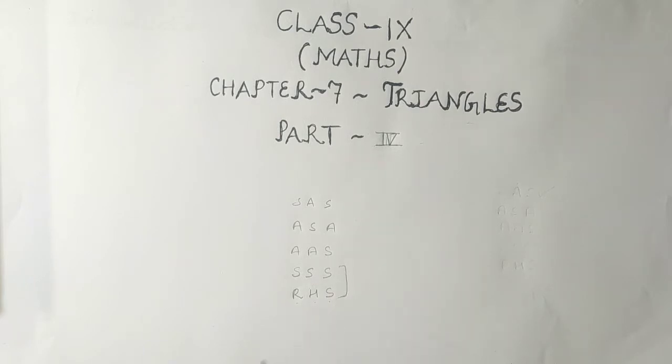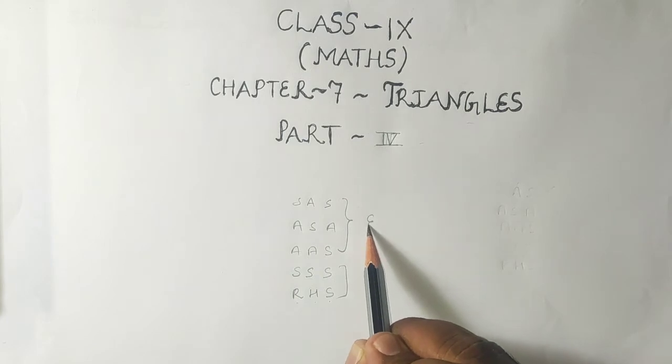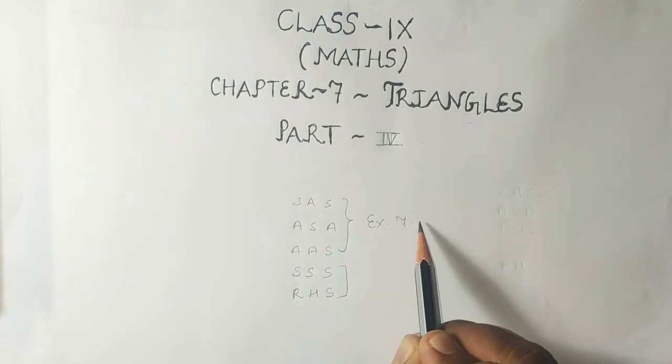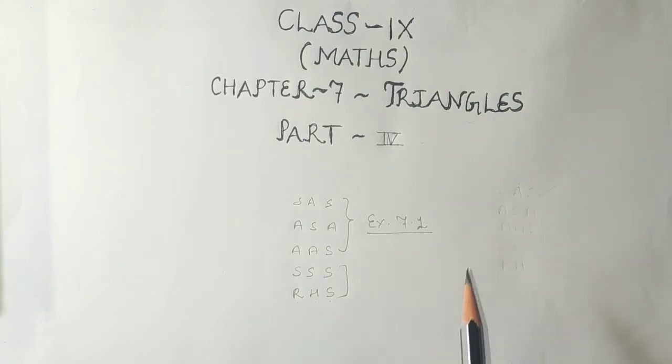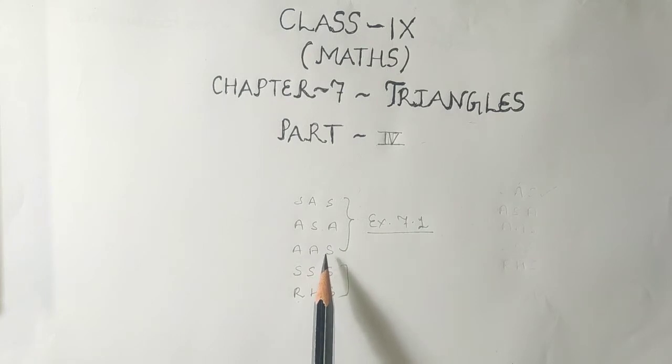This we'll study later on. But based upon these three, exercise 7.1 is there, and we have solved a few questions of this exercise 7.1. What were these three criteria to show that two triangles are congruent?